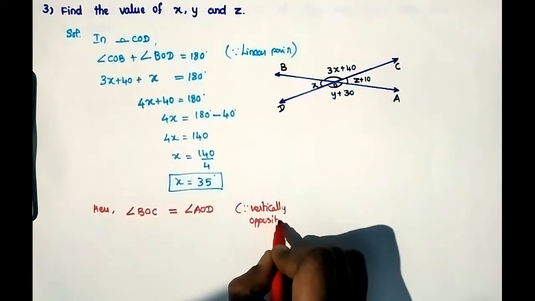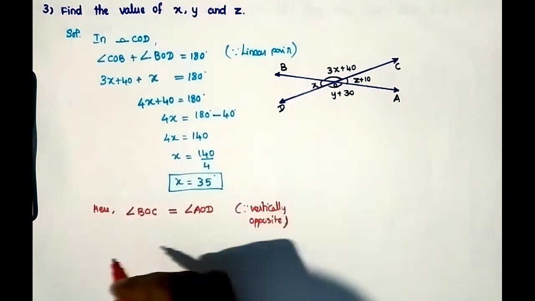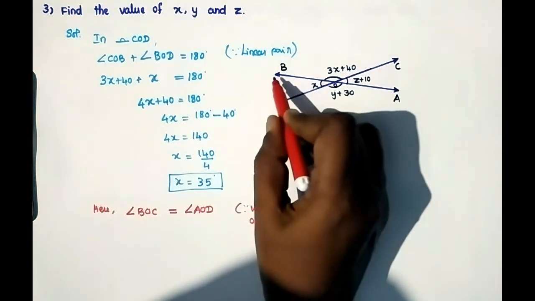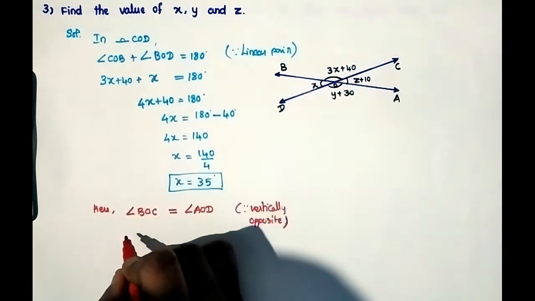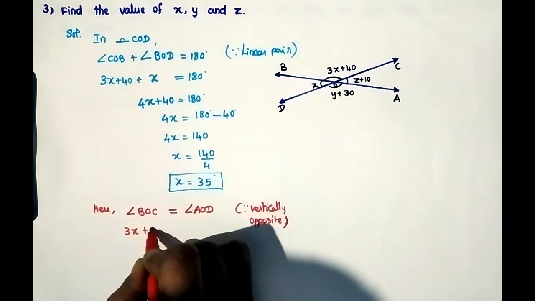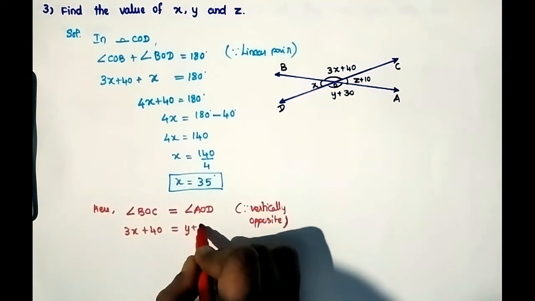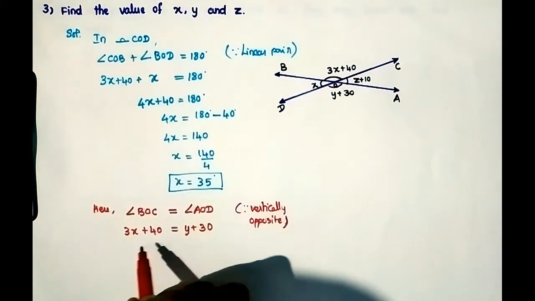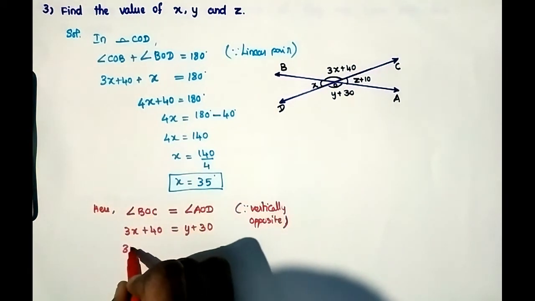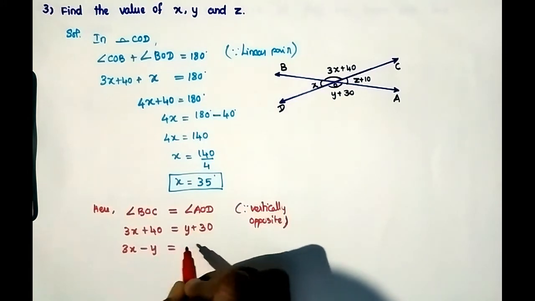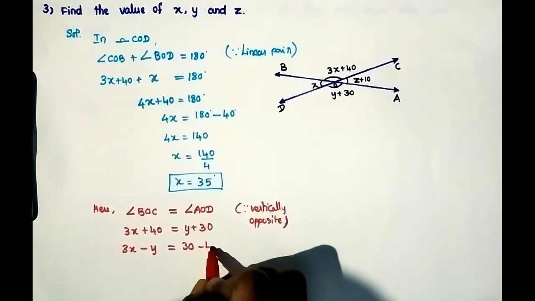What is BOC? That is 3x plus 40. Y plus 30. Assemble the variables in one side. 3x minus y equal to 30 minus 40.